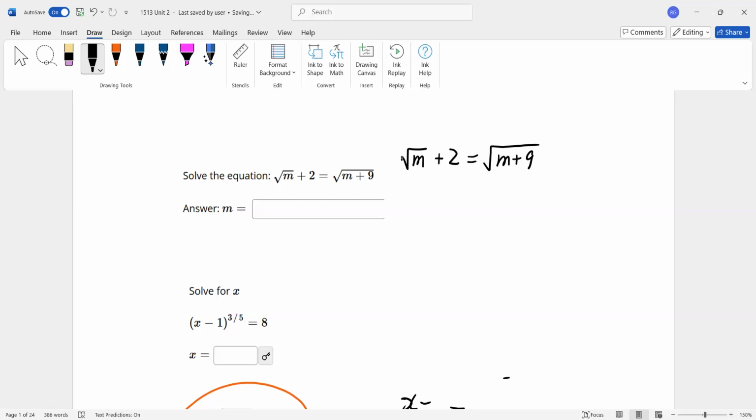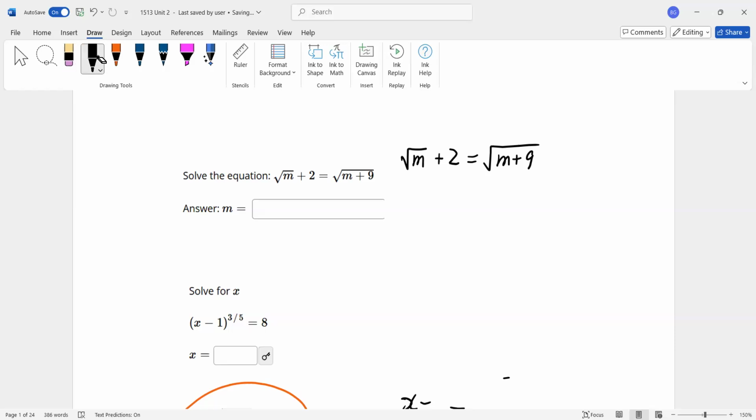And this one is special because it has 2 radicals. How do we solve a radical equation if it contains 2 radicals? Firstly, we isolate one of the radicals. We have 2 radicals, right? This one and this one. And this one's already isolated on the right, so we're good.